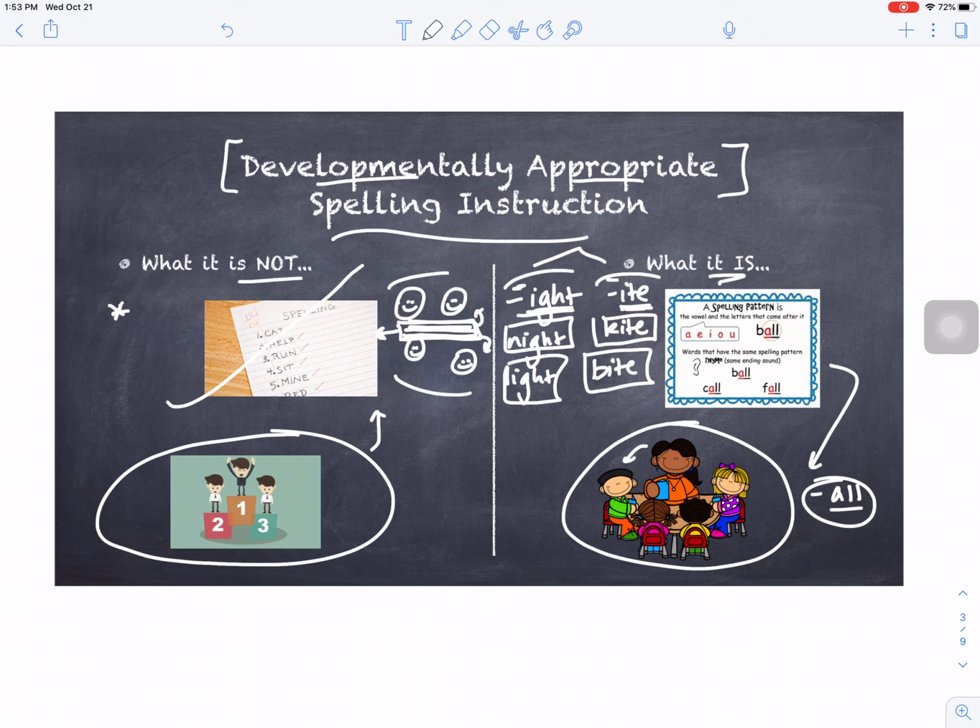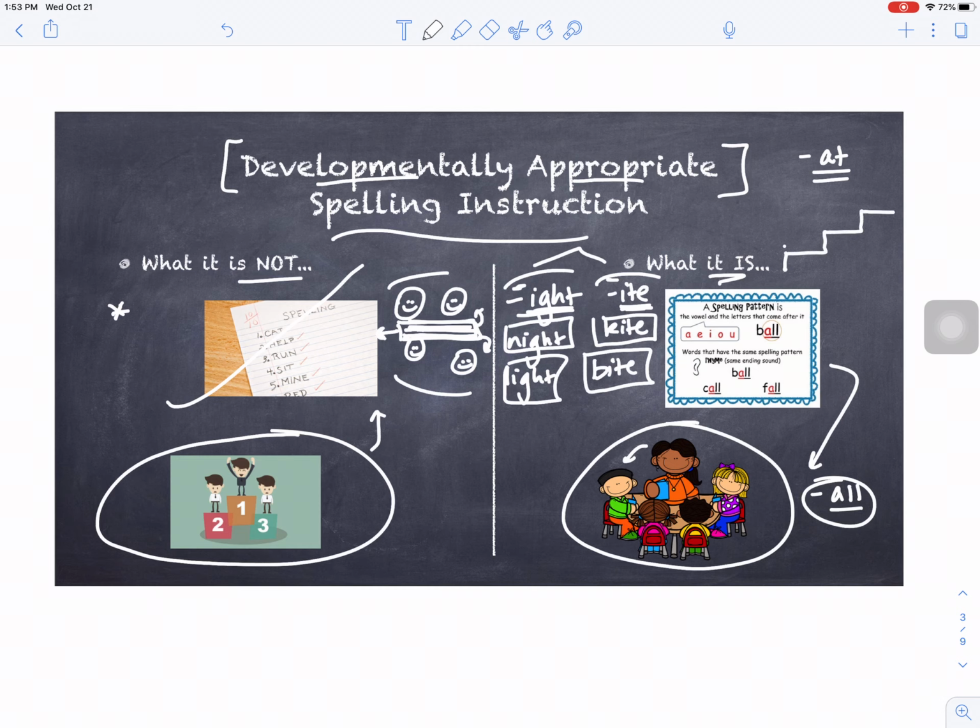And then, after that group works with the teacher for a while, you might have another group come and maybe they're working on short A words because that's where they are as spellers and as learners. So we want our spelling instruction to be right within each child's ZPD.